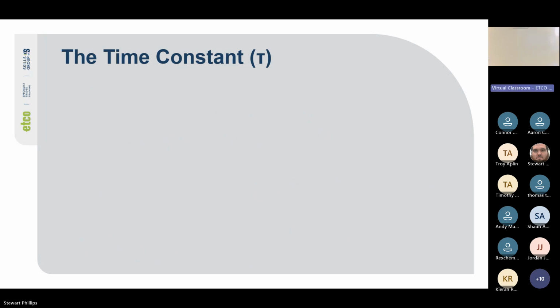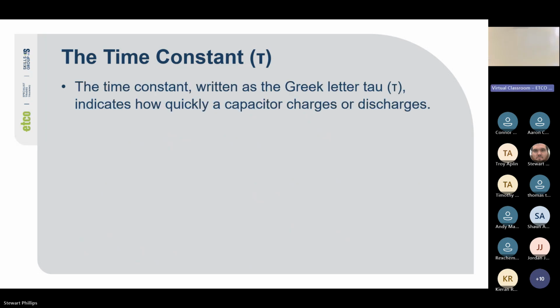Cool. So the time constant, written as the Greek letter tau, which is basically a T, indicates how quickly a capacitor can charge or discharge. So how quickly it will build up that charge and how quickly it will release it.